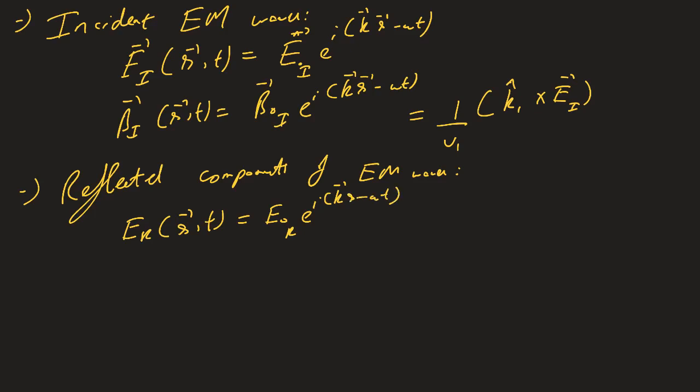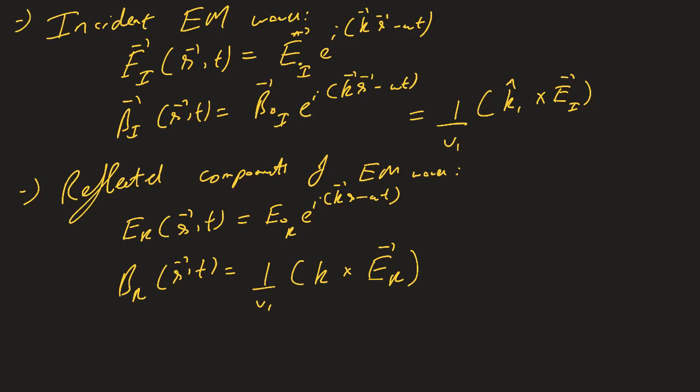Okay. Now just to highlight this a bit, this k would of course be, okay, I'll just write it after I write the expression for B. So B_R of r,t would be 1 over v1 of k crossed with E_R, right? The full wave E_R.